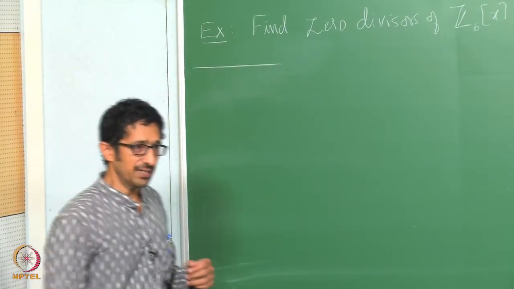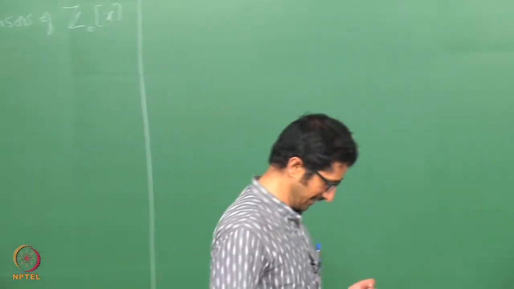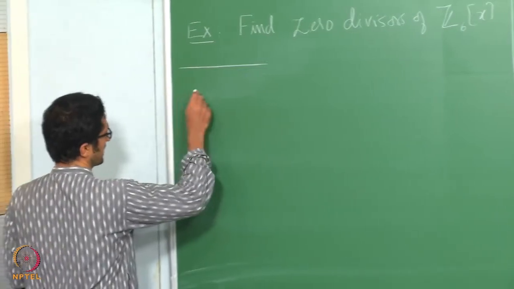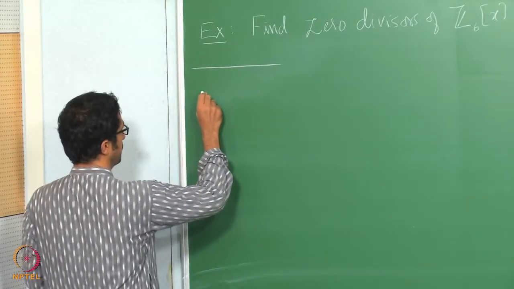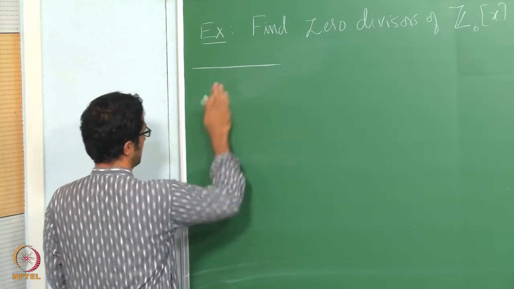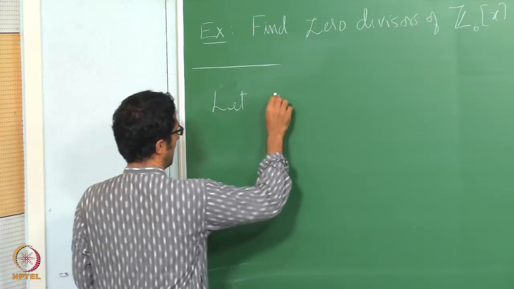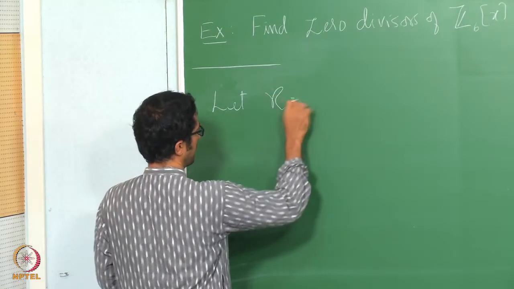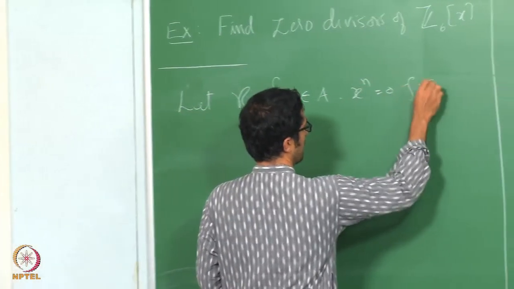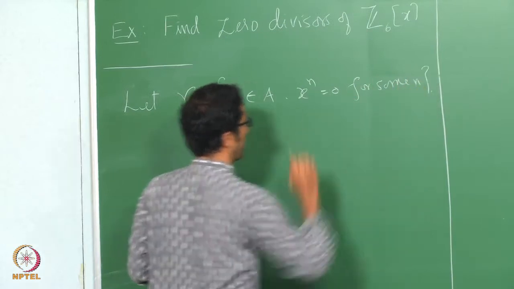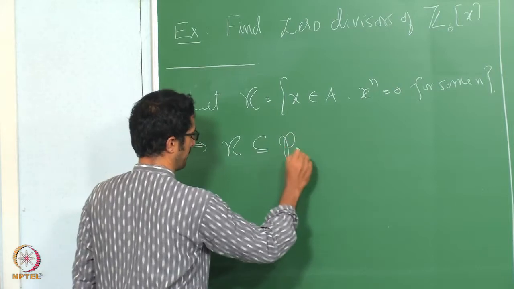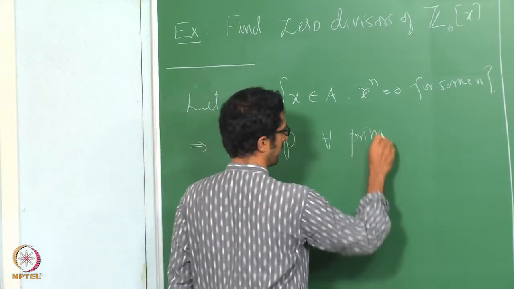So we were talking about the nil radical, that is the set of all nilpotent elements. So last time we proved that if we let N be the collection of all x in A such that x to the power n is 0 for some n, then this is contained in P for all prime ideals.